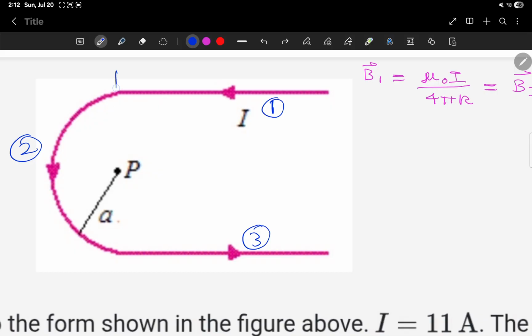Forget that, I'll have to just sketch it. I was trying to make it more straight, but it's fine.